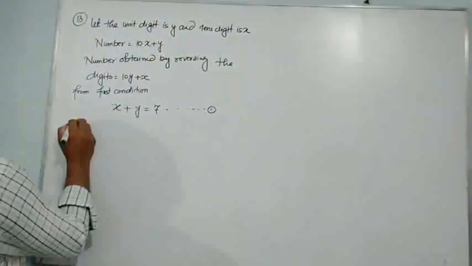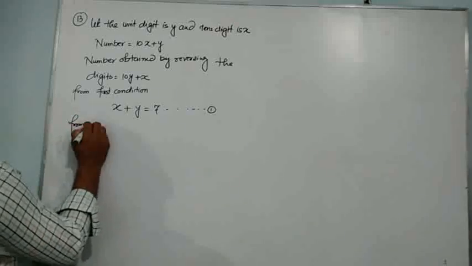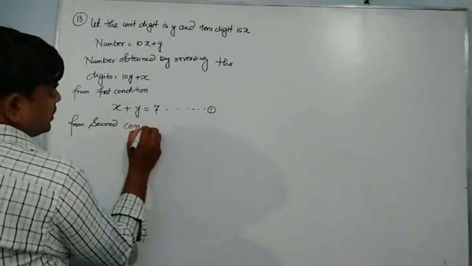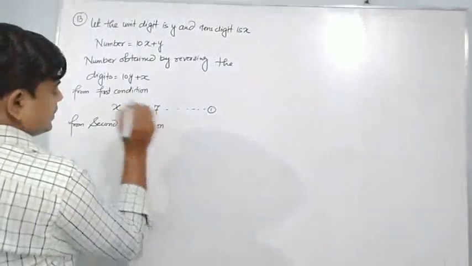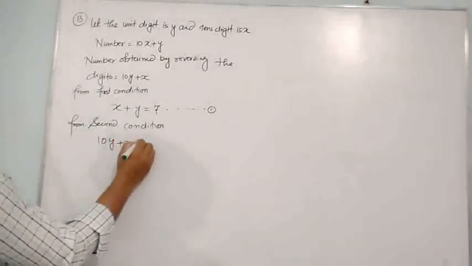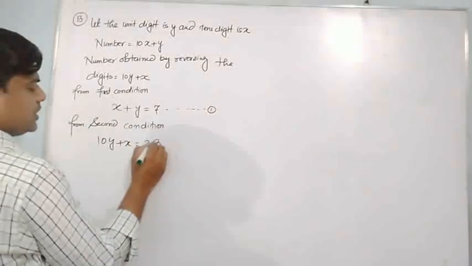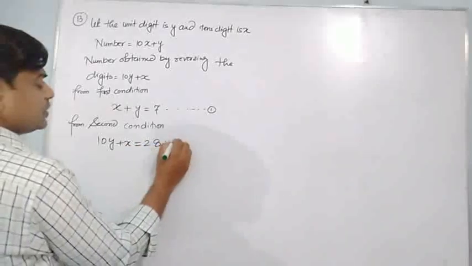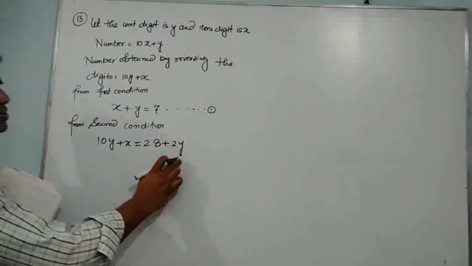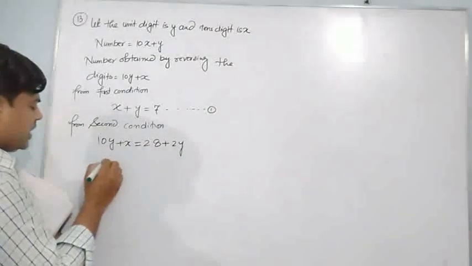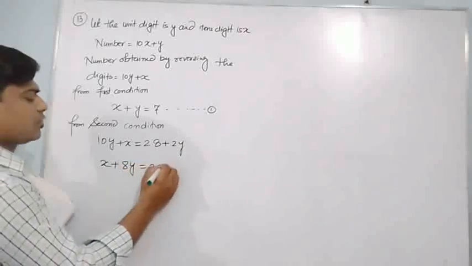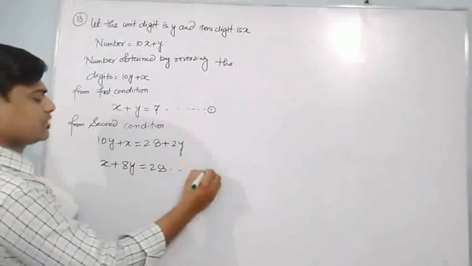From the second condition, what can I write? The obtained number 10y plus x is 28 more than 2y. Simply I can write this, and when I transpose to this side, I can write x plus 8y is equal to 28. This is equation number 2.